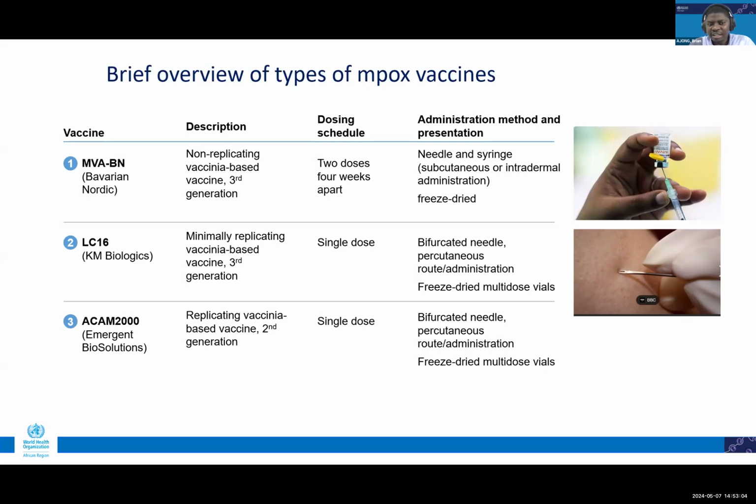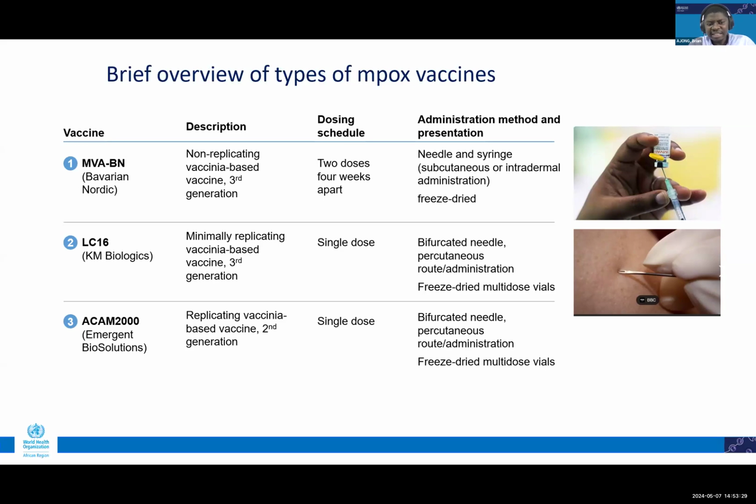This is a non-replicating vaccine based on the Ankara Vaccinia virus, and it's a 3rd generation vaccine, usually administered in 2 doses, 4 weeks apart. It's a freeze-dried vaccine, administered subcutaneously or intradermally.